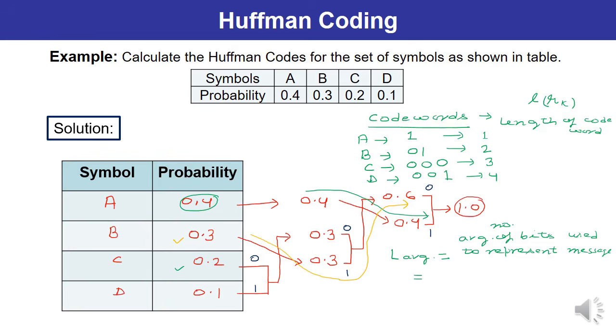Formula is what? Summation for all values L of rk into P of rk. Substitute each and every value.